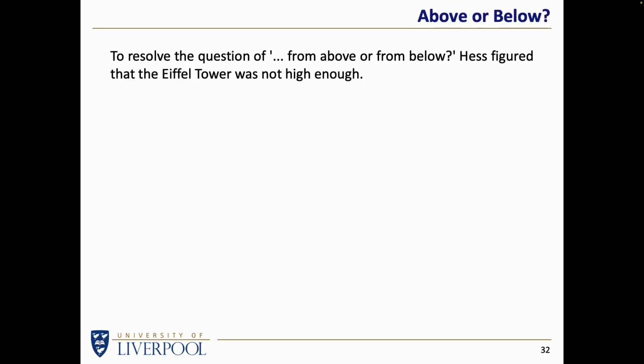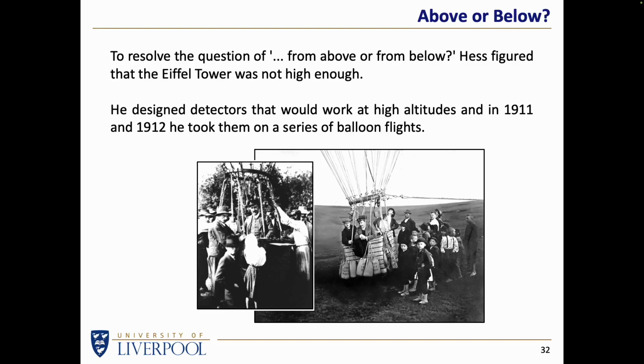To resolve the question of where this background radiation is coming from, Hess said the Eiffel Tower just isn't high enough. A few hundred meters is not enough to tell whether it's coming from below or coming from above. So he said, how do we go higher than the highest thing around? Well, you start using balloons. So he said, right, okay, I'll make sure I can design a detector.